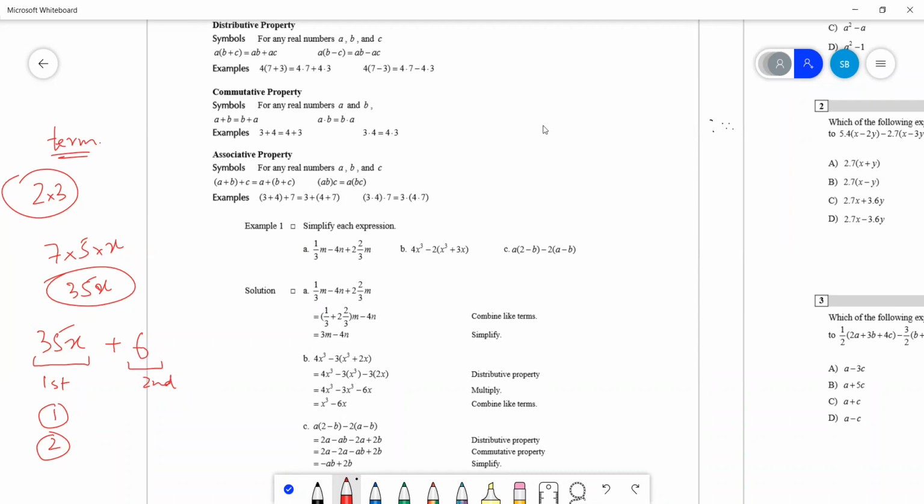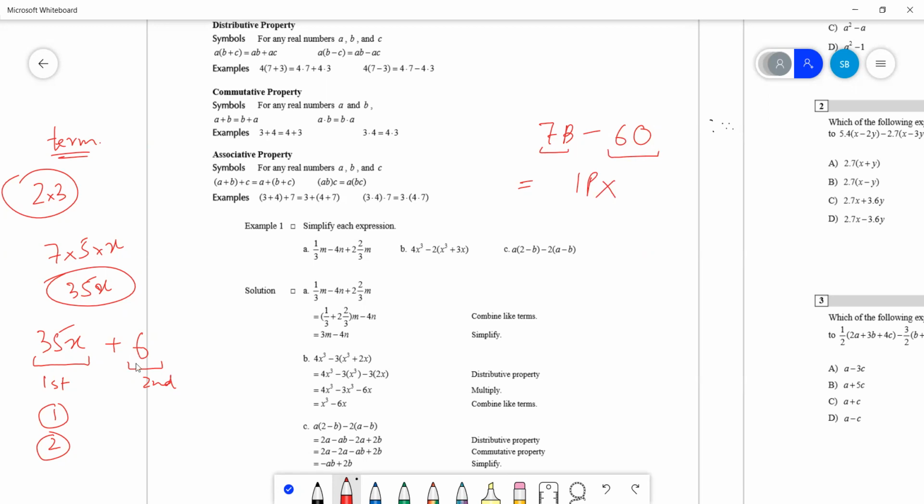If you're having different terms, then you cannot add or subtract them. For example, 7 bananas minus 6 oranges, right? So I can say that we can't subtract. We can't say that 7 bananas minus 6 oranges will be 1 pineapple. No, it's not possible, right? Because they are different terms. Are you following what I'm saying? Yes.